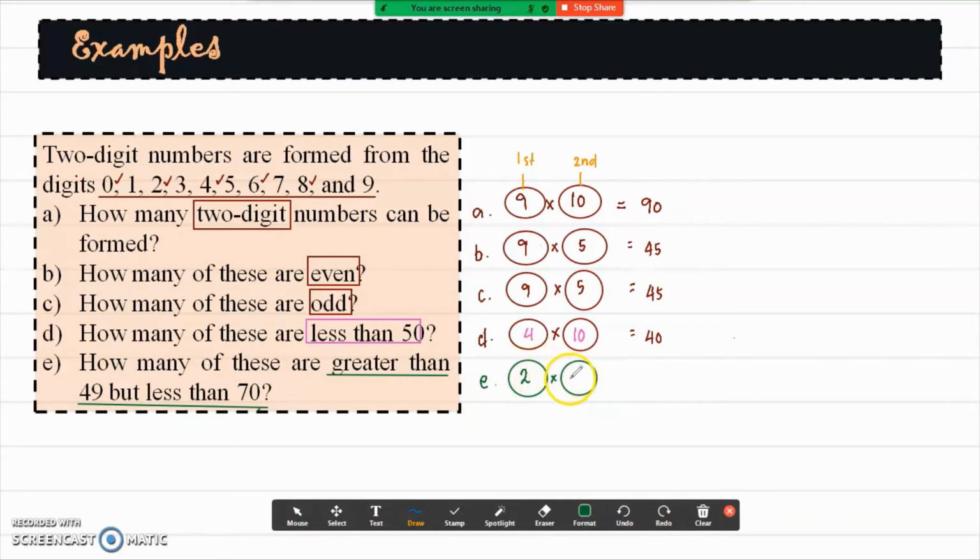And for the second digit, we can already use 0, 1, 2, 3, 4, 5, 6, 7, 8, and 9. So we have 10 options for the second digit. Multiplying 2 times 10, it will give us 20. So to answer our question on how many of these numbers are greater than 49 but less than 70, we'll have 20. Okay?